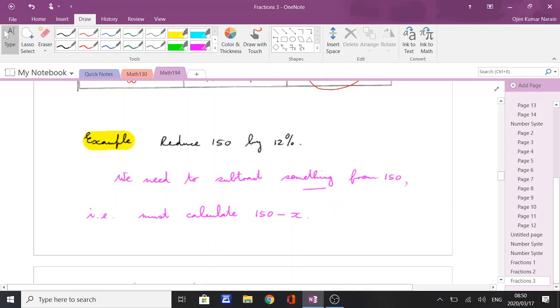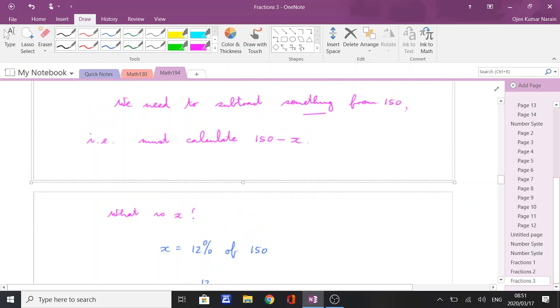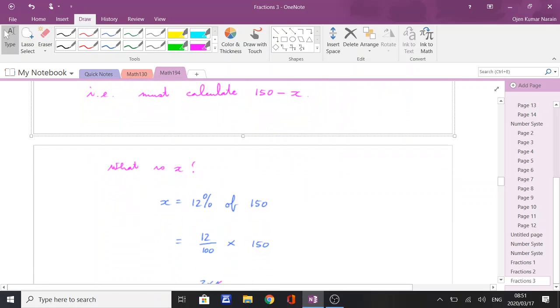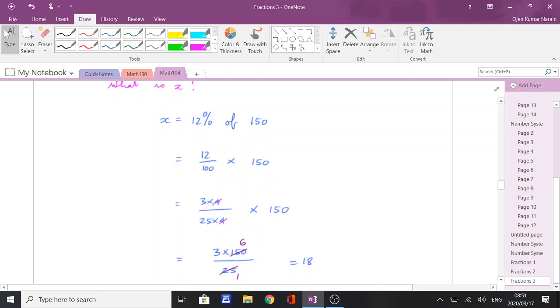Reduce 150 by 12%. That's our next example. We need to subtract something from 150. So we will make 150 less. And the amount we're making it less, that is x. So we must calculate 150 minus x. What is x? We say reduce it by 12%. 12% of 150 is 12/100 times 150. Now here again you can do it various methods.